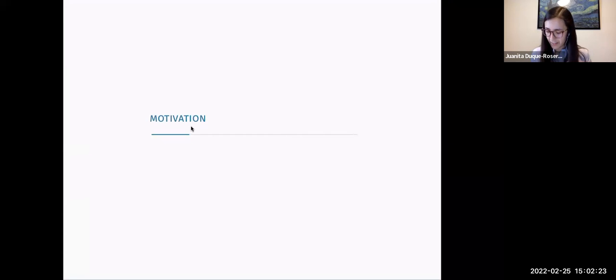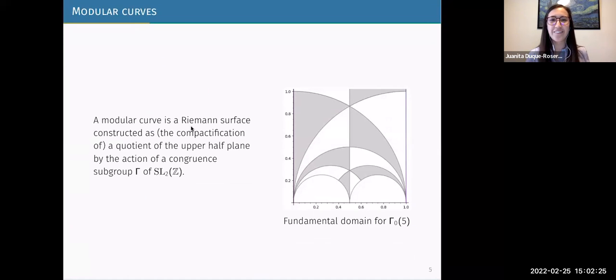And thanks, David, for your lovely talk, and also for convincing us that modular curves are a very essential part of mathematics and number theory, right? So a modular curve is a Riemann surface constructed as you can think of it as the compactification of a quotient of the upper half plane by the action of a congruence subgroup, right?